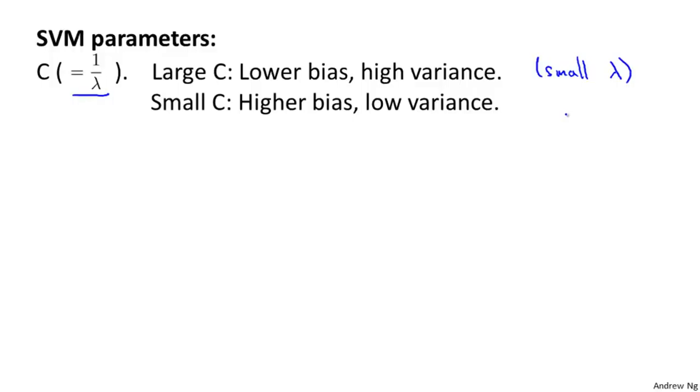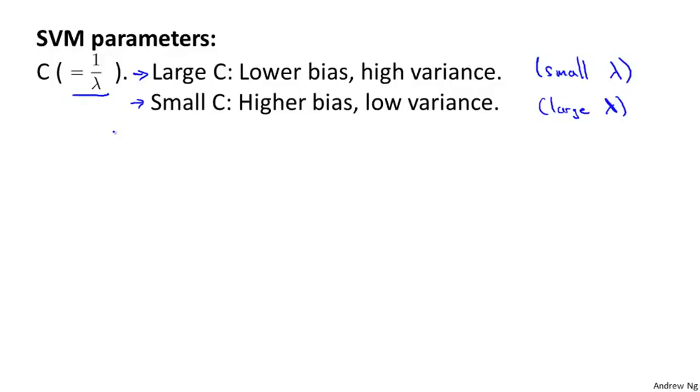And if you do that, you tend to have a hypothesis with lower bias and higher variance. Whereas if you use a smaller value of C, this corresponds to logistic regression with a large value of lambda, and that corresponds to a hypothesis with higher bias and lower variance. So a hypothesis with large C has higher variance and is more prone to overfitting, whereas a hypothesis with small C has higher bias and is thus more prone to underfitting.